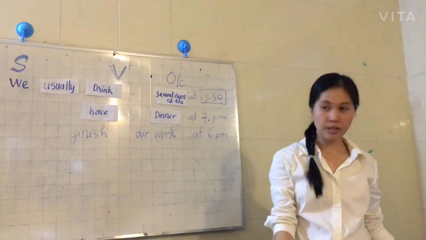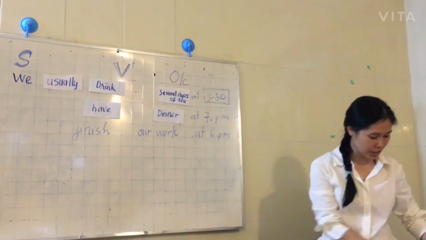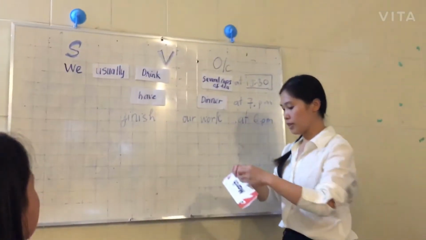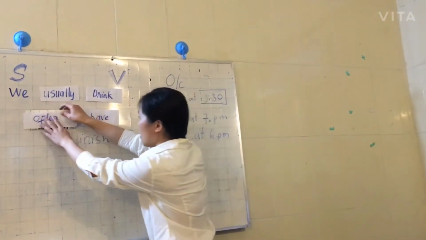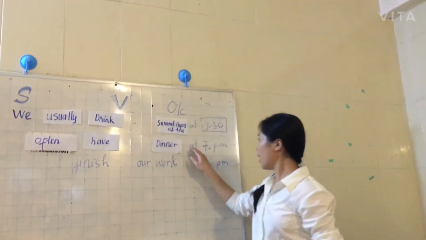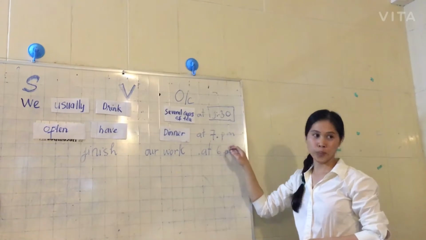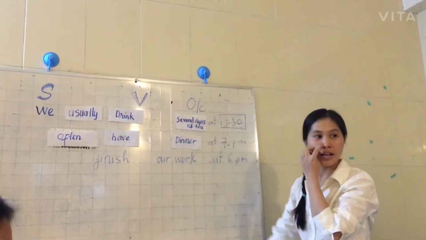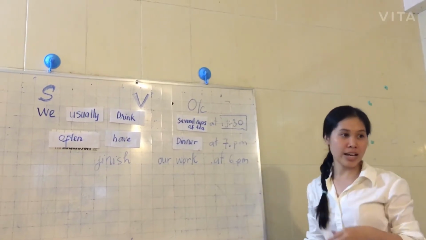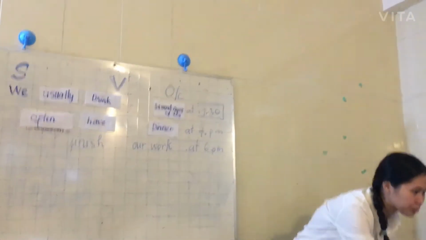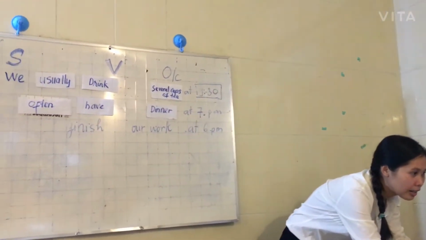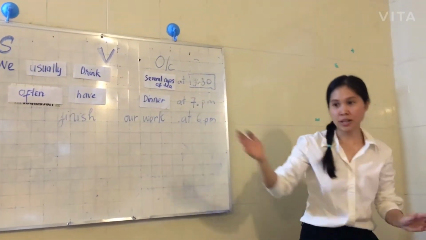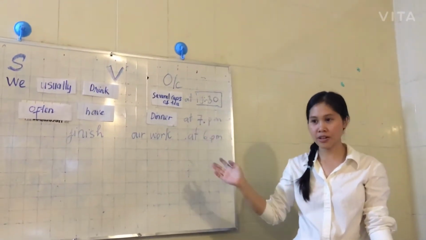We often have dinner at 7 p.m. So this is the structure when we talk about our daily routines. And now, do you have any question about the structure or anything that you don't understand?